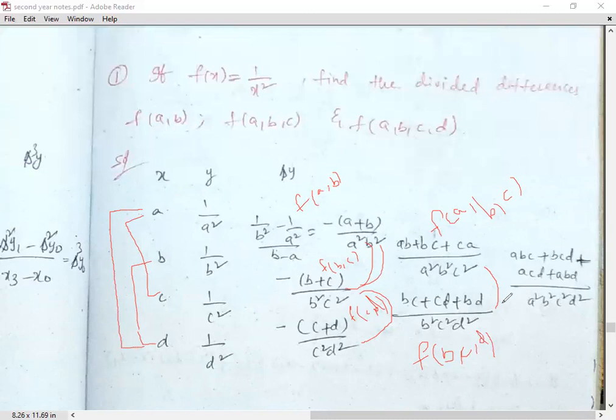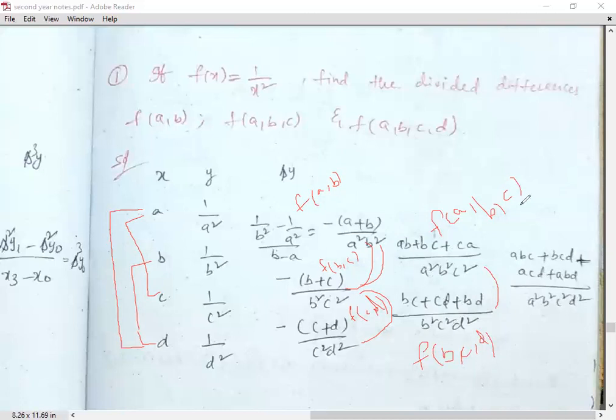Now we divide the difference of bc plus cd plus bd by b square c square d square, and ab plus bc plus ca by a square b square c square, by d minus a. After the simplification, the difference is obtained as abc plus bcd plus acd plus abd by a square b square c square d square. The simplification part is not shown here. You can do it on your own.